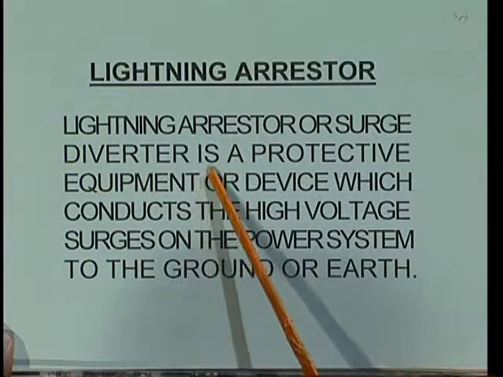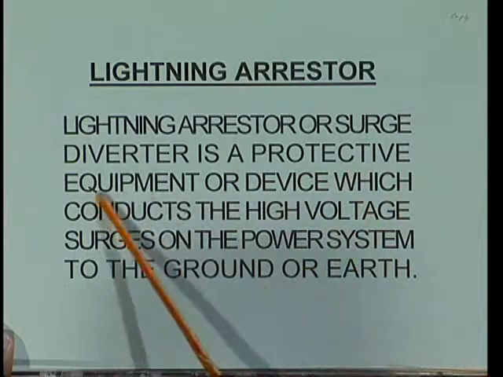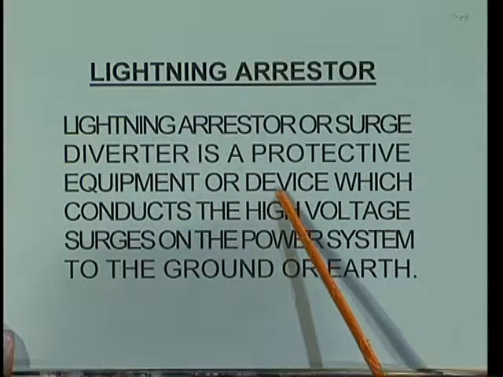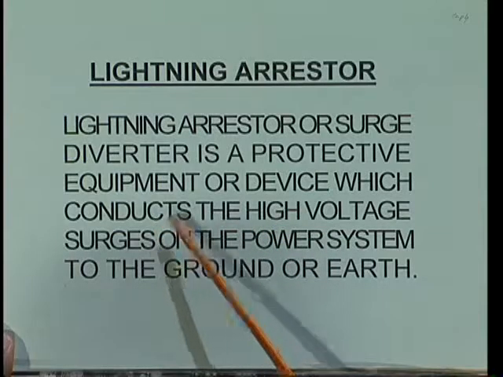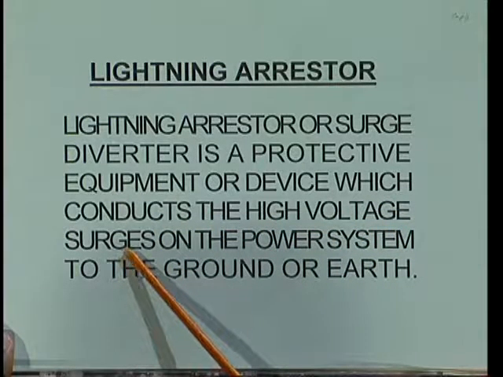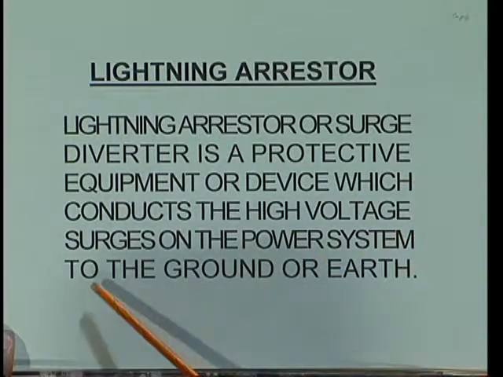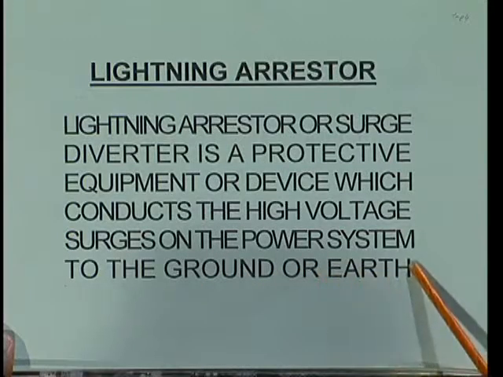A surge diverter is a protective device which conducts the high voltage surges on the power system to the ground or earth. So, the lightning arrestor is a protective device which conducts only high voltages to the earth. And how is it connected?